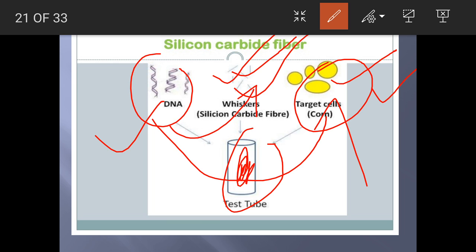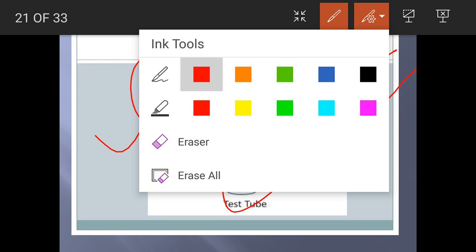The silicon fibers first integrate into the cell wall and the cell membrane, then they enter the host, and later they attach themselves to the host genome. So this is how the genes can be transferred with the help of the silicon carbide fibers.